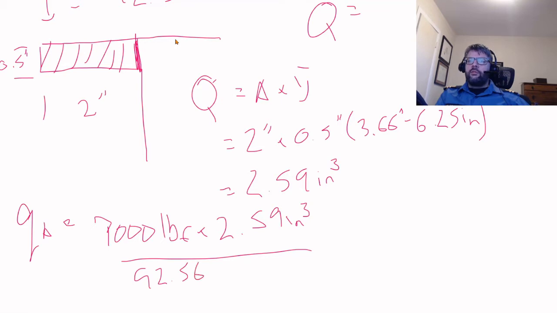Sorry, 5/6. So inches to the third on the top, inches to the fourth on the bottom, as well as the pounds on the top. That ends up giving us 195.9 pounds per inch.